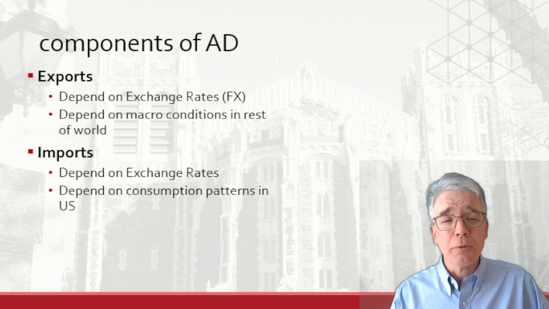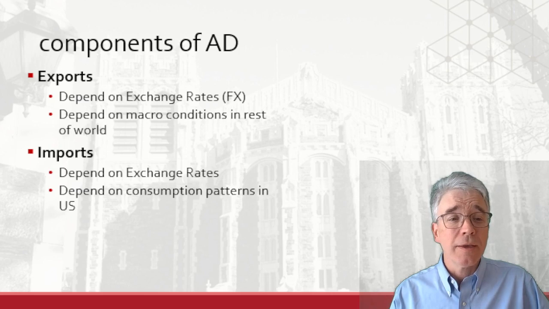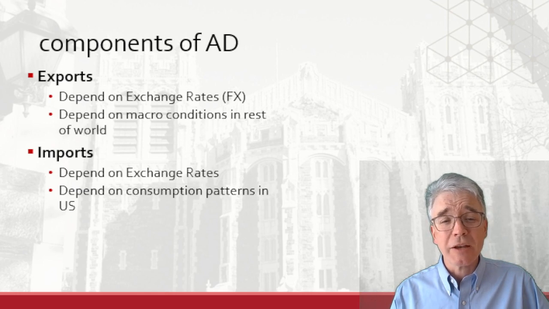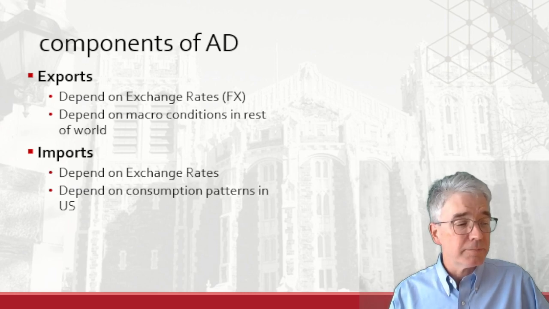Considering exports and imports, X and M in our notation, both of those depend on exchange rates, which we label FX, foreign exchange. Exchange rates depend on a whole ton of different things, including things like interest rates in different countries, relative economic conditions, and global macro events. Imports also depend on consumption patterns here, since wealthier people might buy more luxury goods from overseas.